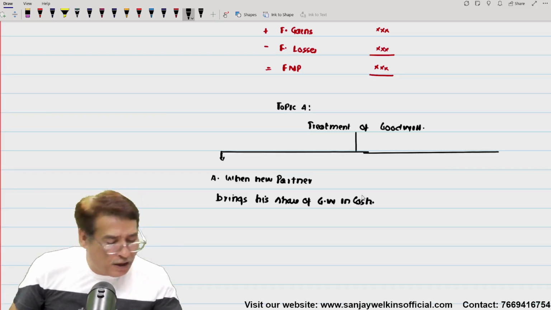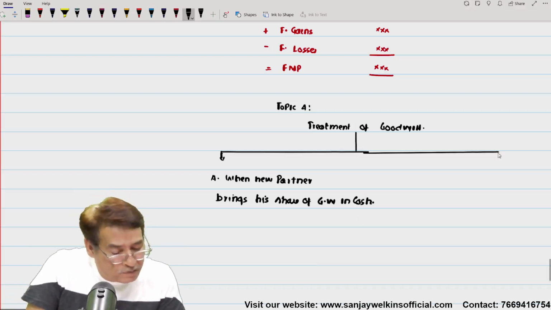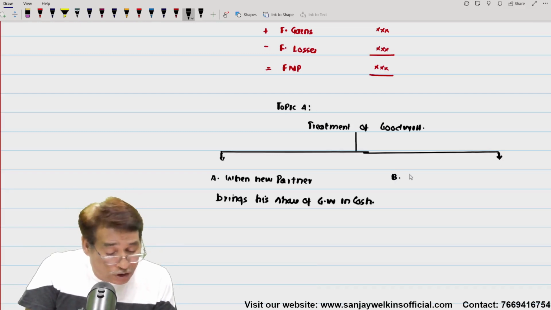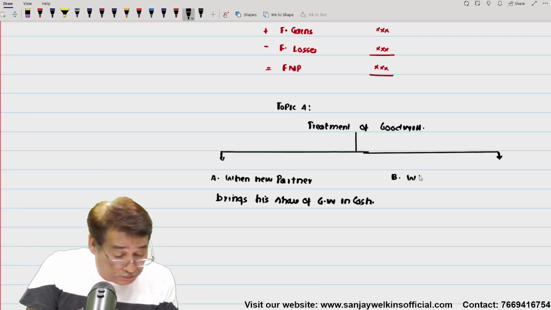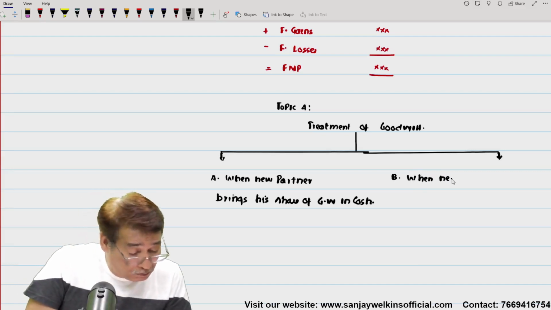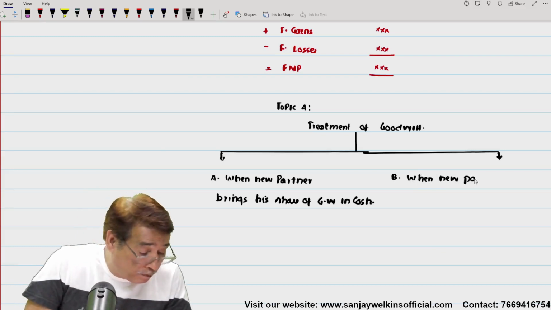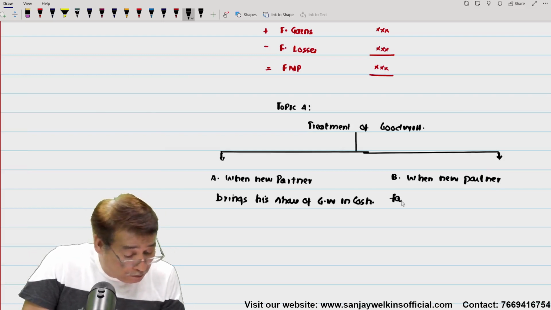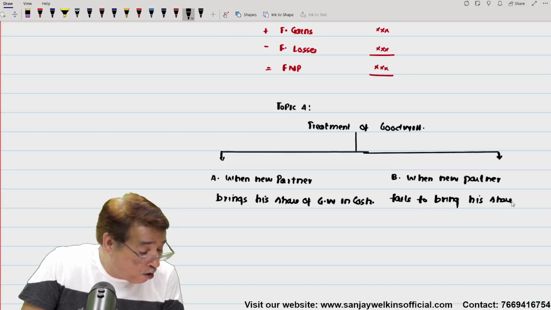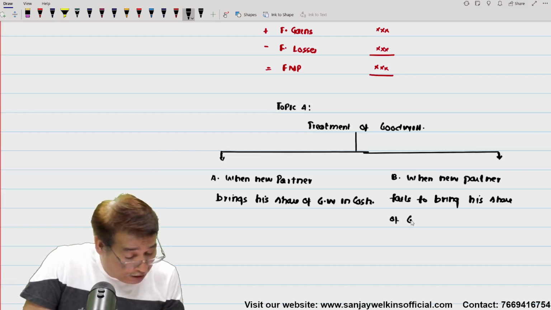Generally the new partner is able to bring his share of goodwill, but under some circumstances he might not be able to. So this is situation 2, when the new partner fails to bring his share of goodwill in cash.